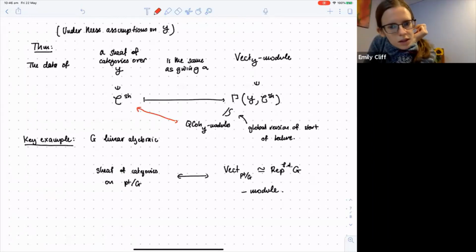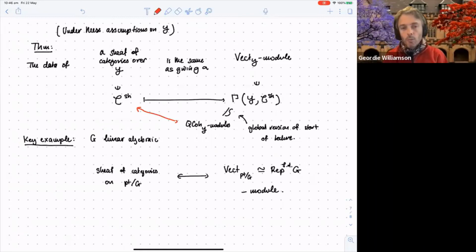So is this what it means for Y to be one affine? Like that the category is determined by its global sections? Exactly. So in Gaitsgory's long paper, he asks when this is true in a more general setting.